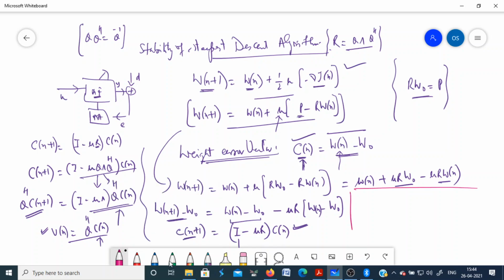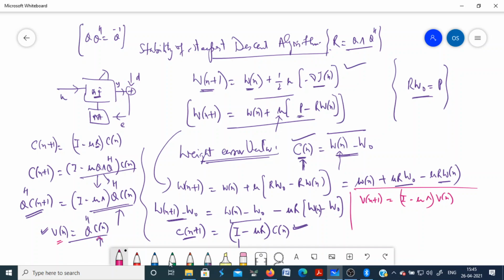So I can write it as V(n+1) is equal to (I minus mu lambda) into V(n). Now see, V(n) is basically nothing but it is transformed from C(n). So C(n) is multiplied with Q^H, so you get V(n).